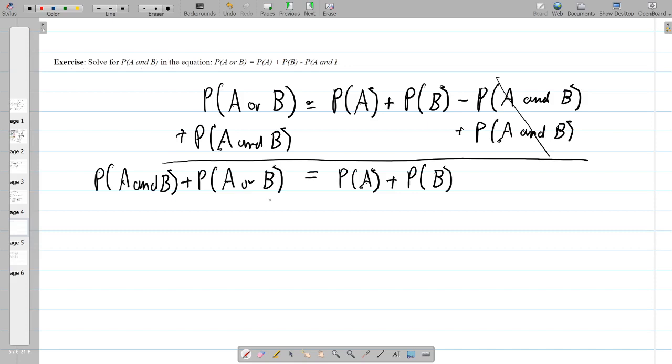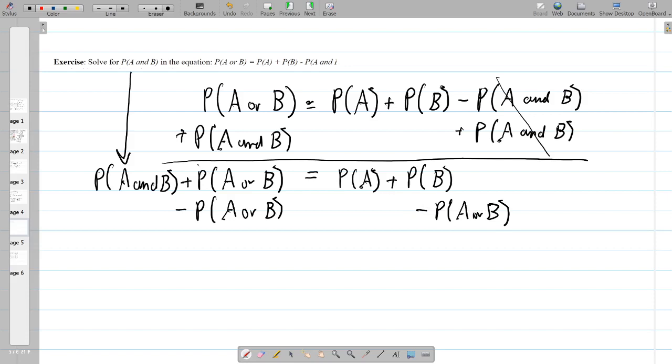Remember, my goal is to isolate this, so I can now subtract probability of A or B from both sides. Then I'll be done.